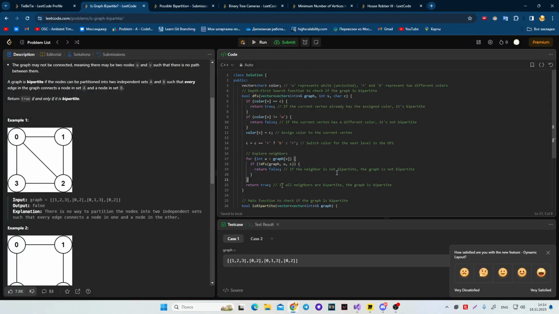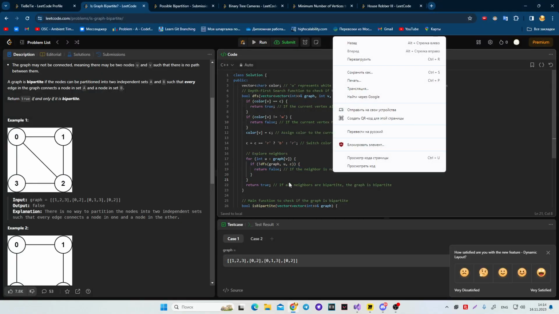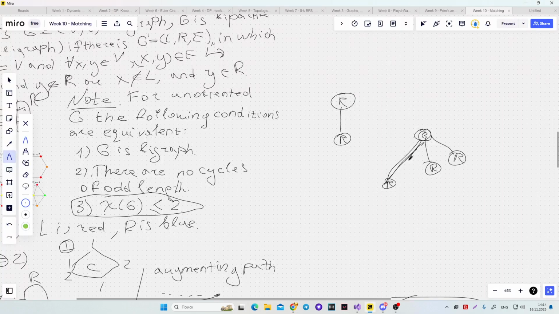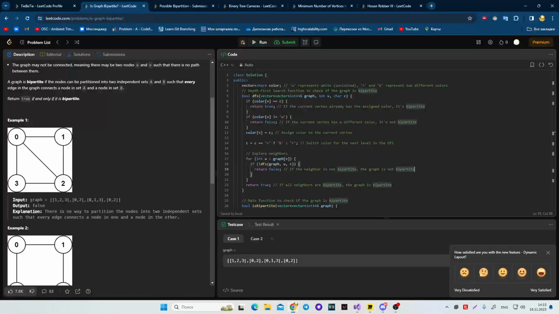We check this for every path, and if some path we can paint both red and blue, we just return false.